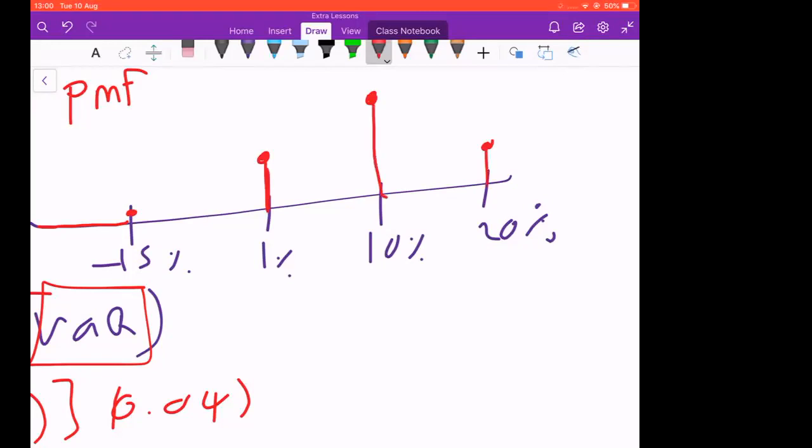So which one is less than or equal to negative 15%? This one over here, right? So you're only going to have 15% times the probability of itself.